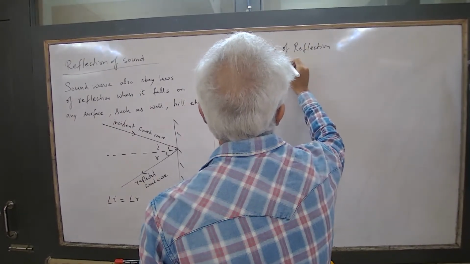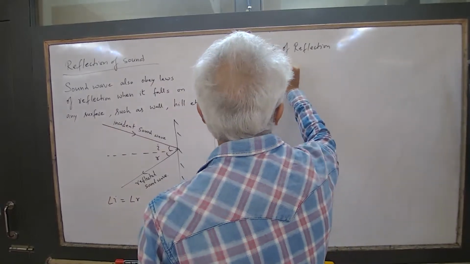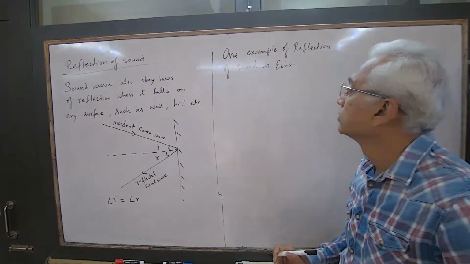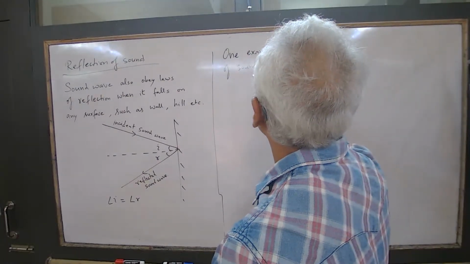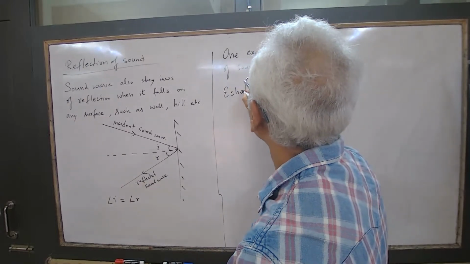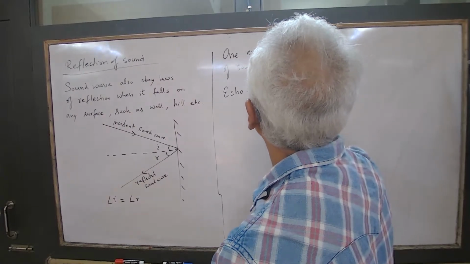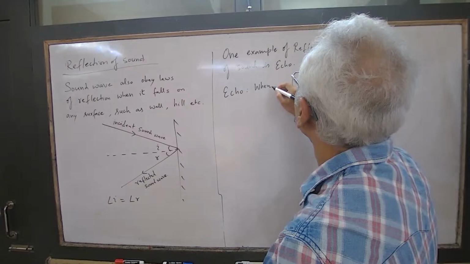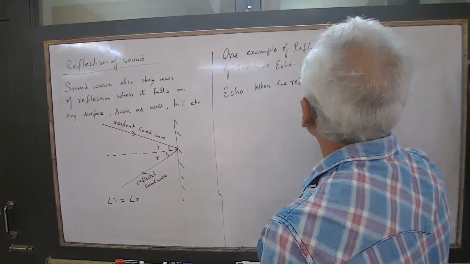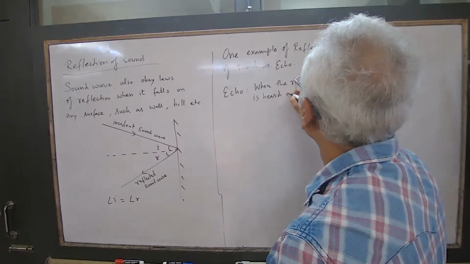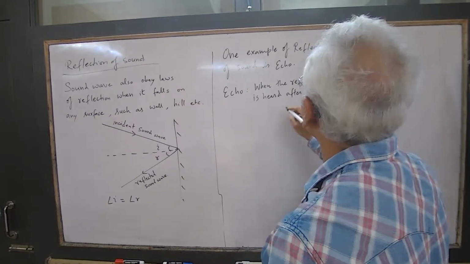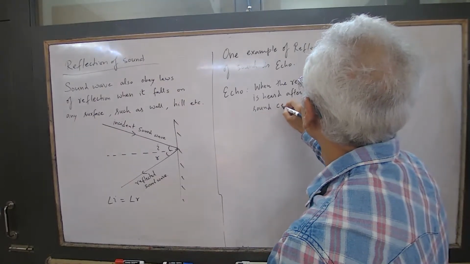Is production of echo. What is echo? Echo is when the reflected sound is heard after the original sound ceases to exist.